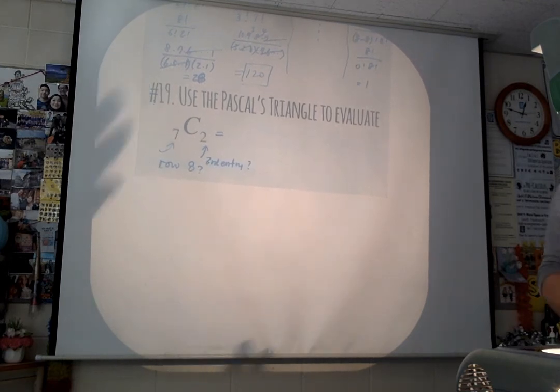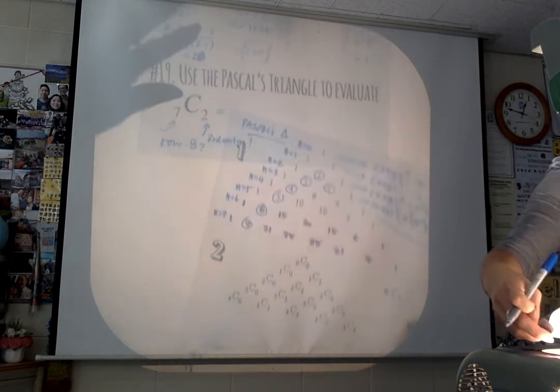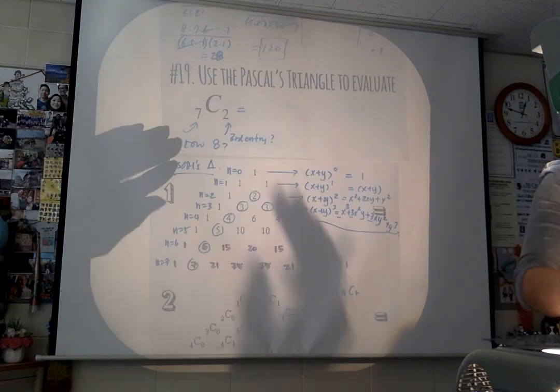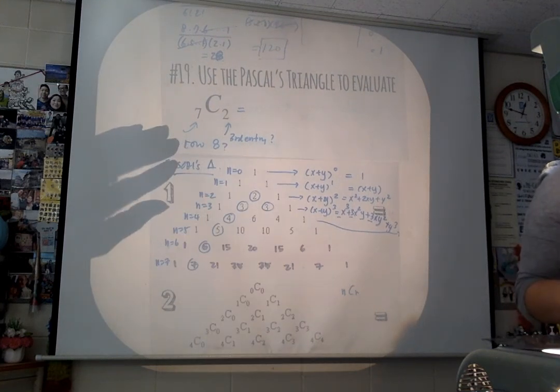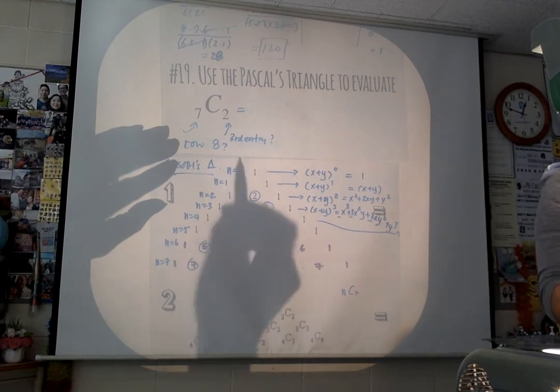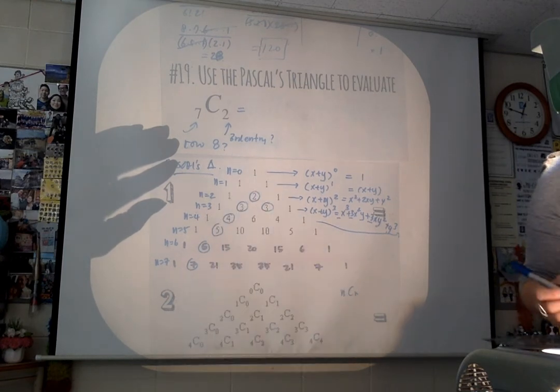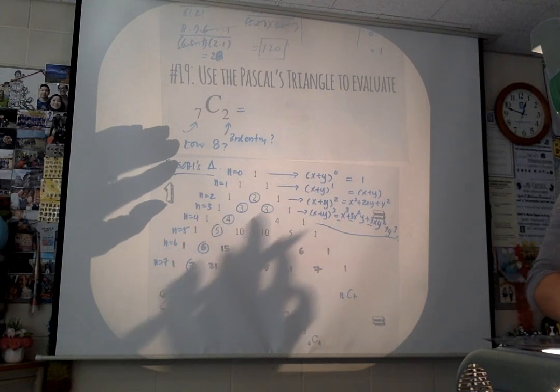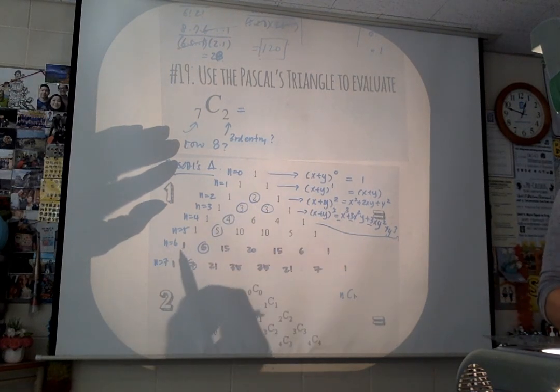Let's go to your Pascal's triangle. It says row 8, and it says third entry. Ready? Because remember, it goes 0, 1, 2, 3, 4.